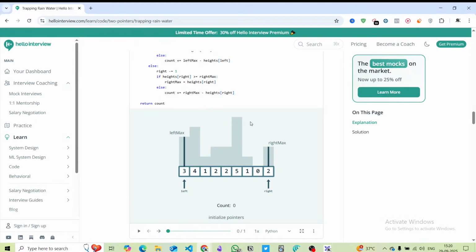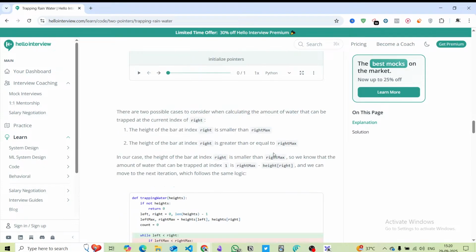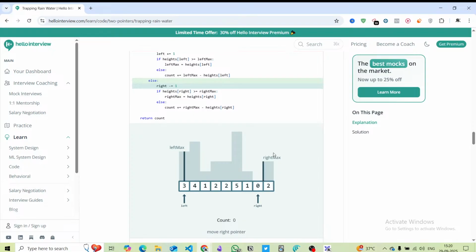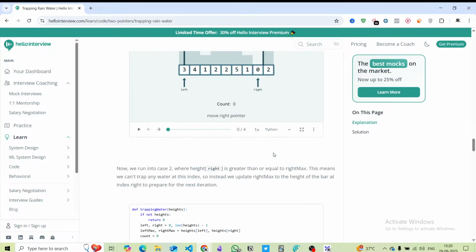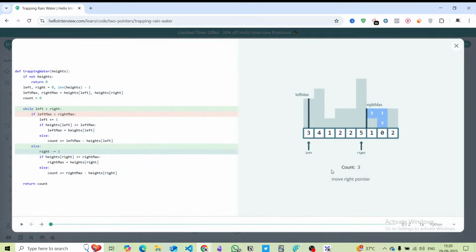So until this we have seen. Here the condition breaks.